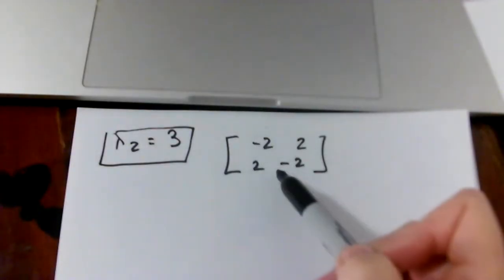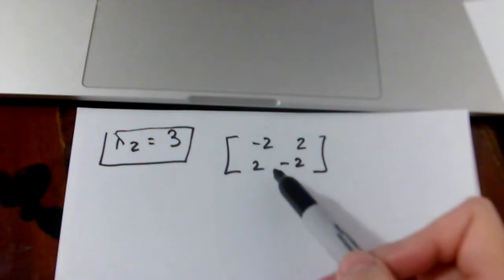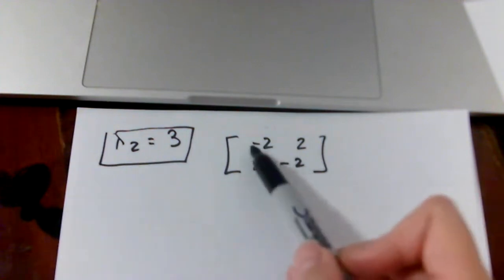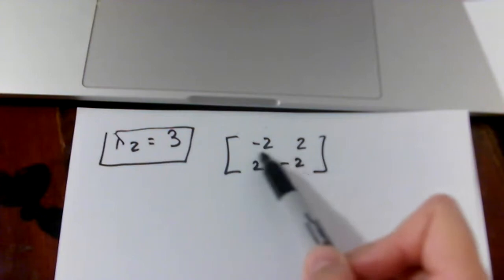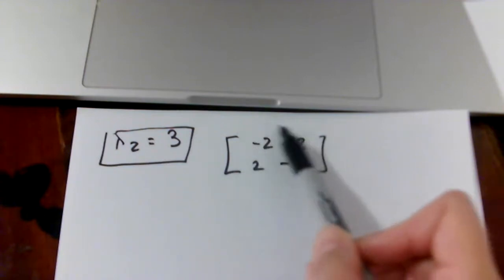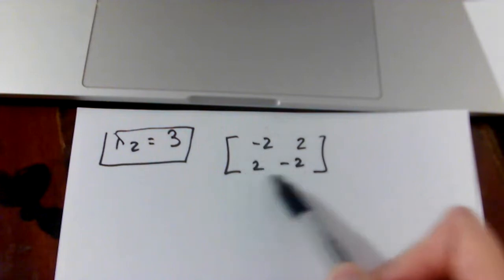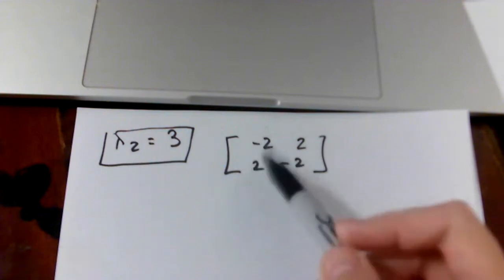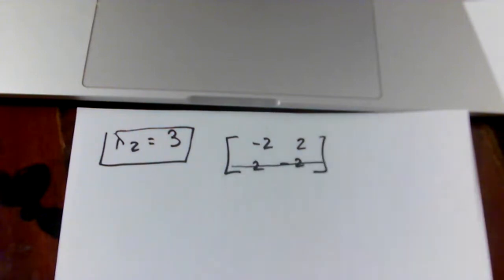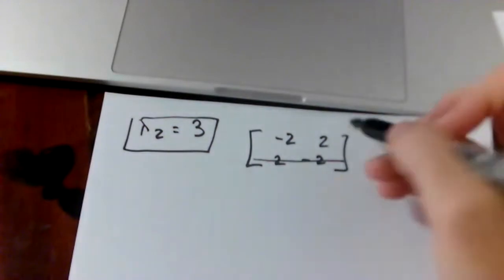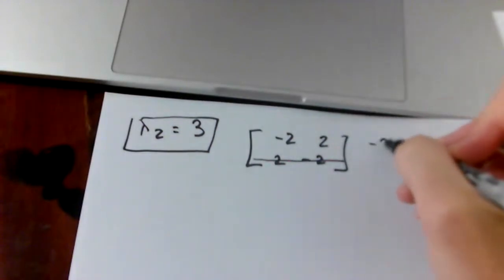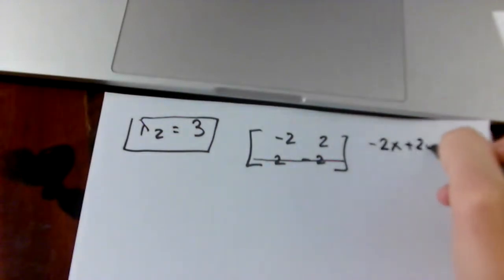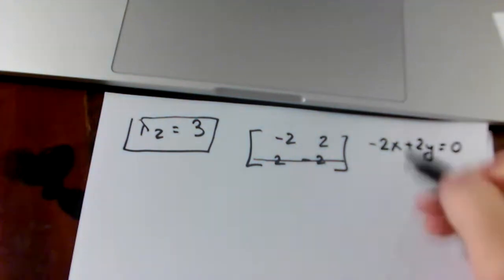But you know what? They're proportional. They are linearly dependent, as mathematicians say. Look at this. How do we get the second row from the first one? Very easily. We can just multiply the first row by -1, and we immediately get the second row, which means again that these are representing the same equation. No sense in repeating them. So, getting back to the equation, we obtain an even better equation.